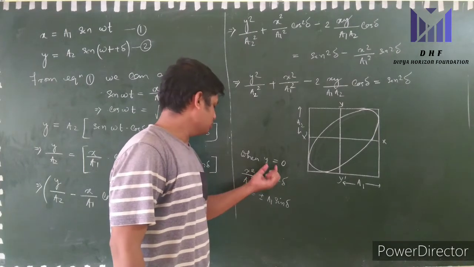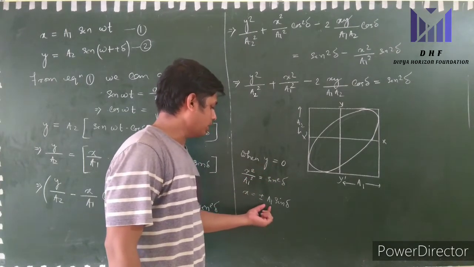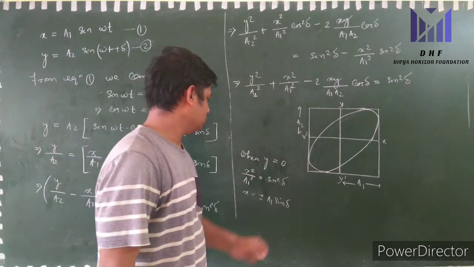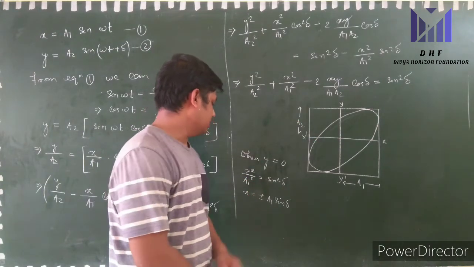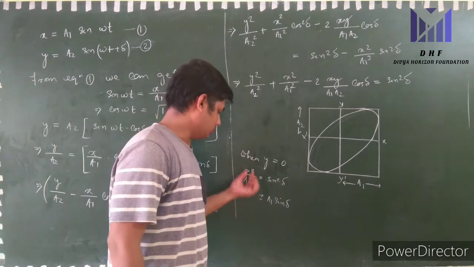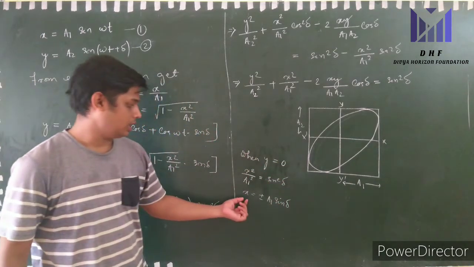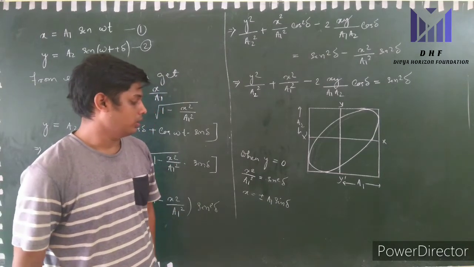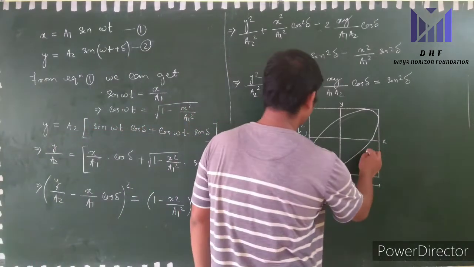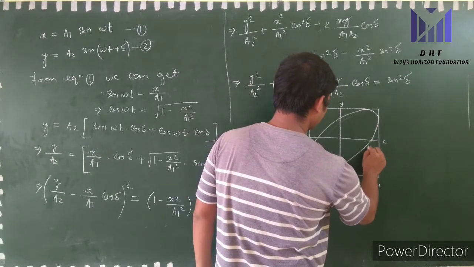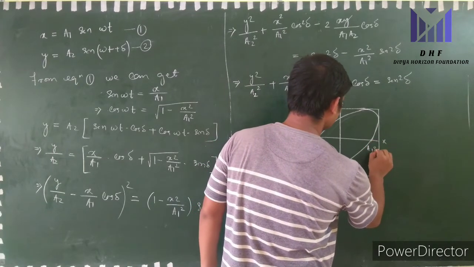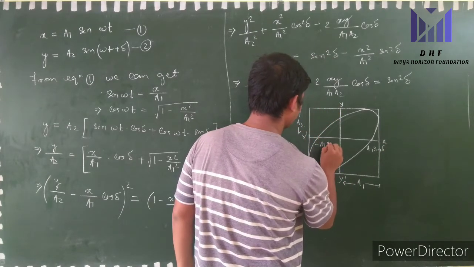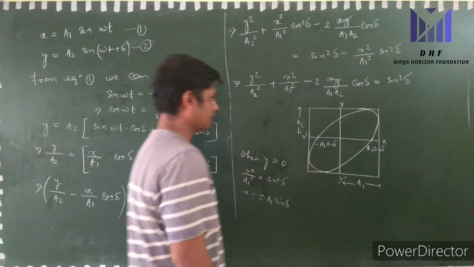That means this ellipse will cut the x-axis at the points plus a1 sin delta and minus a1 sin delta. So this point is a1 sin delta and this point is minus a1 sin delta.